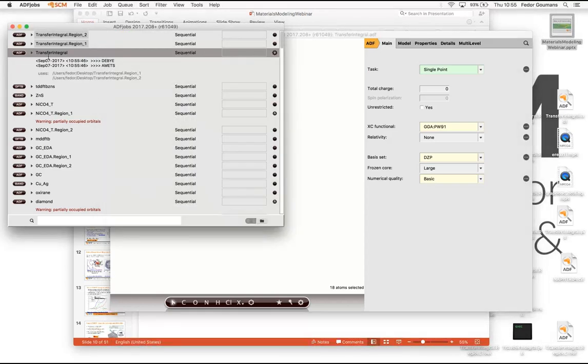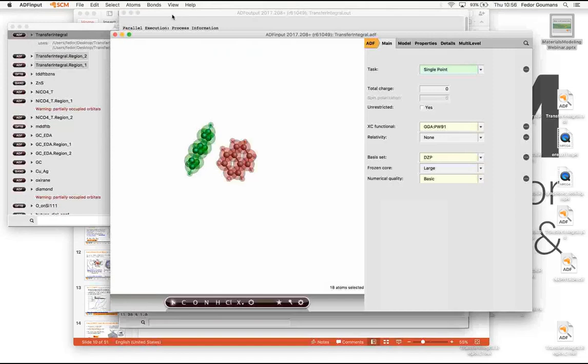Okay, so now it's calculating from these fragments the Fock matrix elements between the HOMO on the one fragment and the HOMO on the other fragment for the hole. And for the electron, it's calculating the Fock matrix elements between the two LUMOs. It's actually done. Now it's just calculating the final energy of that system. And when that's done, we can go to the output file, so SCM output.